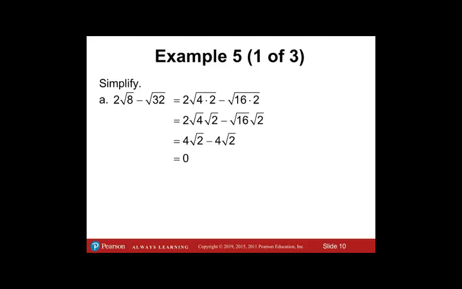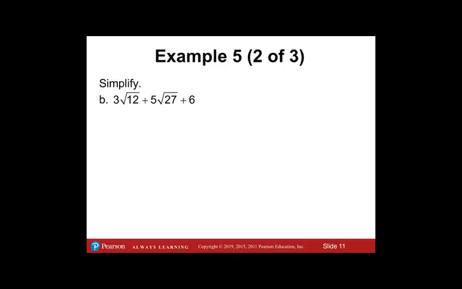Let's keep it moving. All right, let's simplify these and see what happens. So then 12 is what? 4 times 3? So let's write that out.